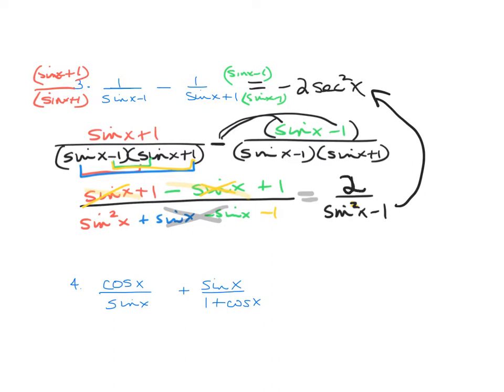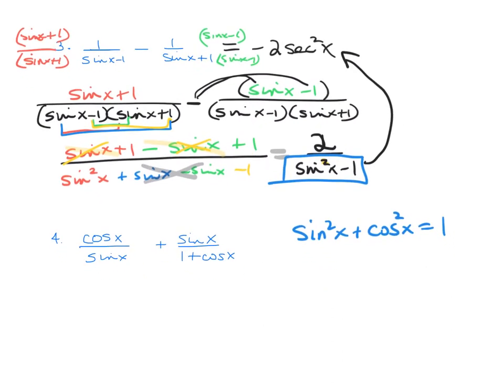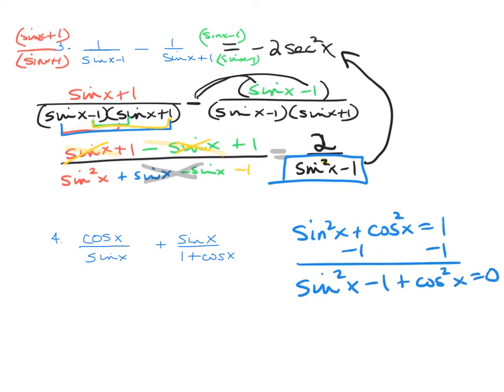So now, the identity that I'm going to use for the denominator is the sine squared x plus cosine squared x equals 1. I'm going to fix it so it looks the same. So I'm going to move the 1 over. Sine squared x minus 1 plus cosine squared x equals 0.